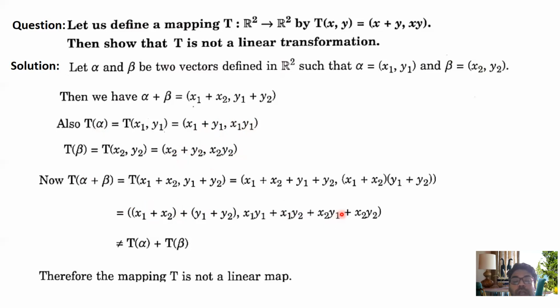So here two terms are extra, that is x1 y2 and x2 y1. These two terms are extra. So that's why T of alpha plus beta is not equal to T alpha plus T beta. So if one condition is not satisfied, then you may write, therefore the mapping T is not a linear mapping.